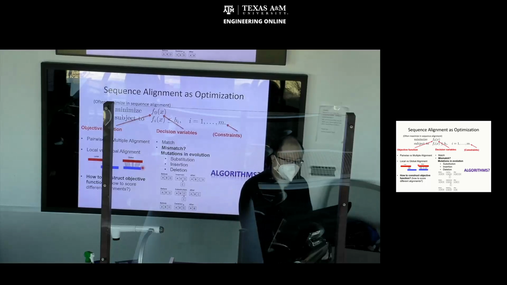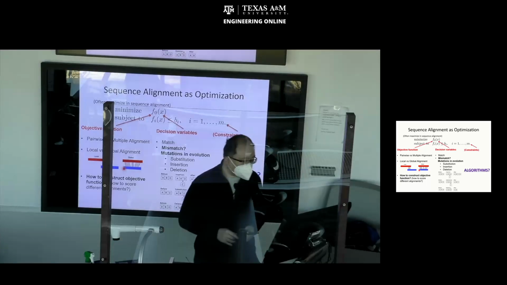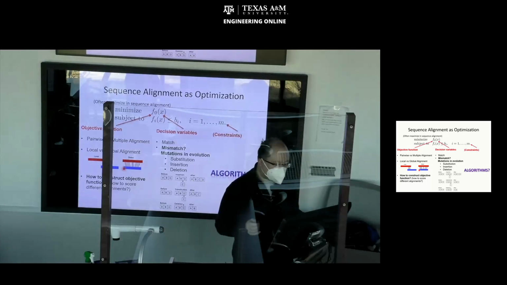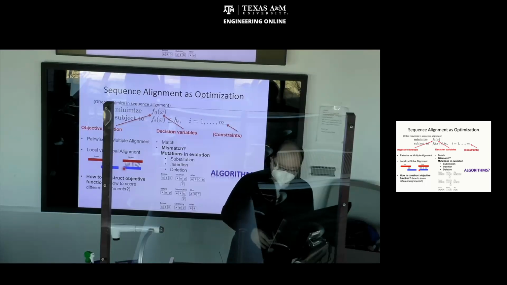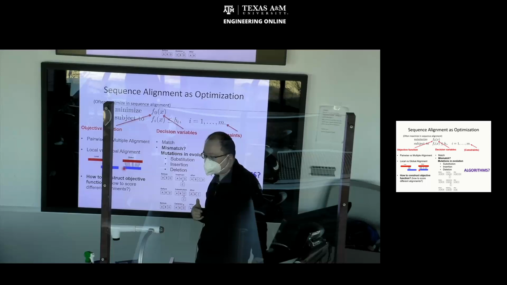For instance, two homolog proteins across different species. In these cases, whenever you see alignment, you're happy about it, but you do have to consider the misaligned or mismatched portion. And then how to construct the objective function is also something we have to think about. In this case, it's actually not that apparent what the objective function is.